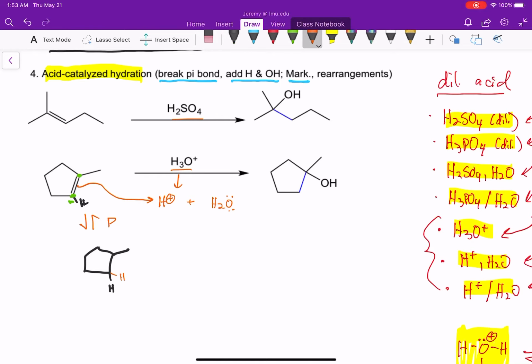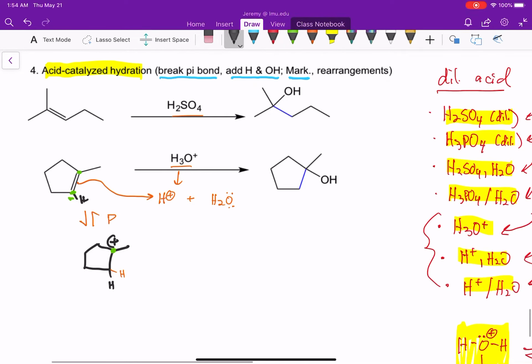We've now added this hydrogen in orange. We have this carbon that only forms 3 bonds, so we have to recognize that by drawing a plus. That carbon in green is a carbocation.